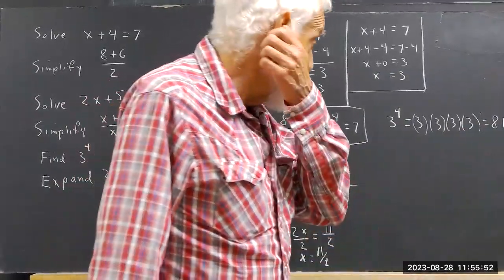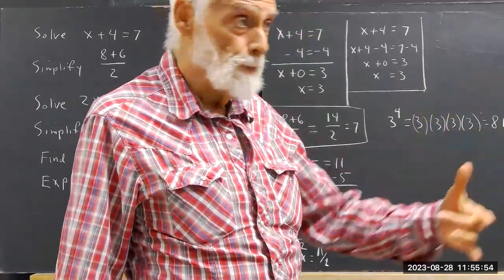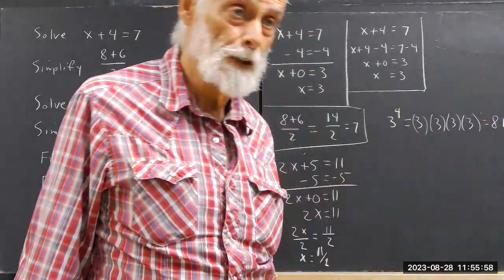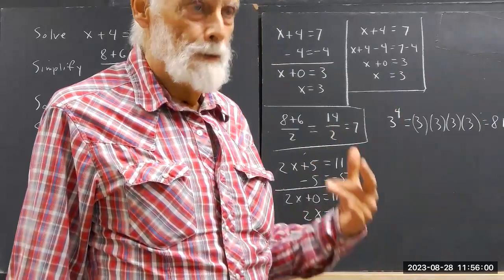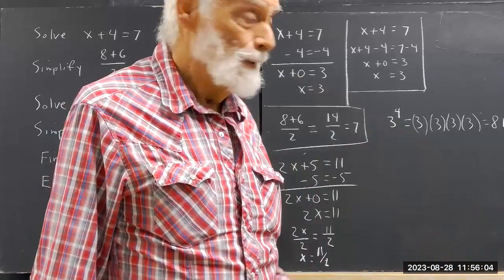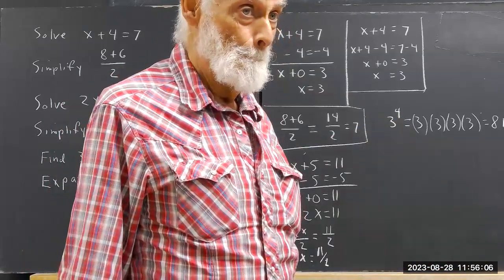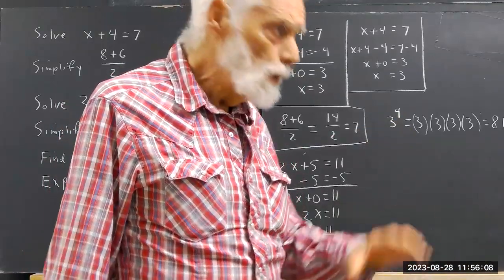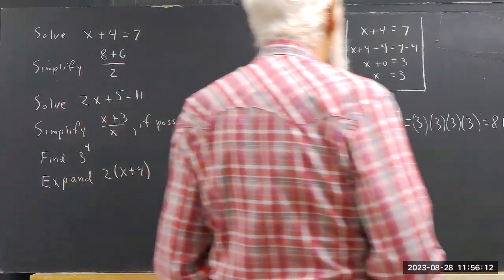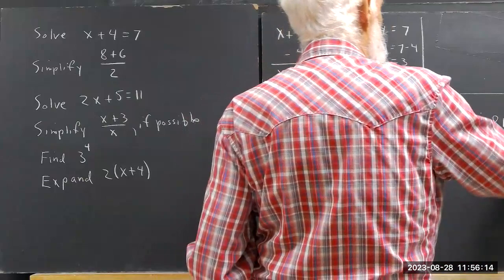Now there are other ways you could write it out. You could do 3 times 3 is 9, multiply that by 3, it's 27, multiply that by 3, it's 81. If you write all that out, then I'm comfortable because I know you know what a 4th power is. If you don't know what a 4th power is, well, you've got to do some fixing there.